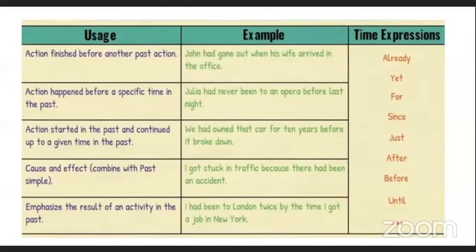Next, we are going to see in which cases we use the past perfect. We use it whenever we want to express actions that finished before another past action. For example, John had gone out when his wife arrived in the office. So, an action finished before another past action.